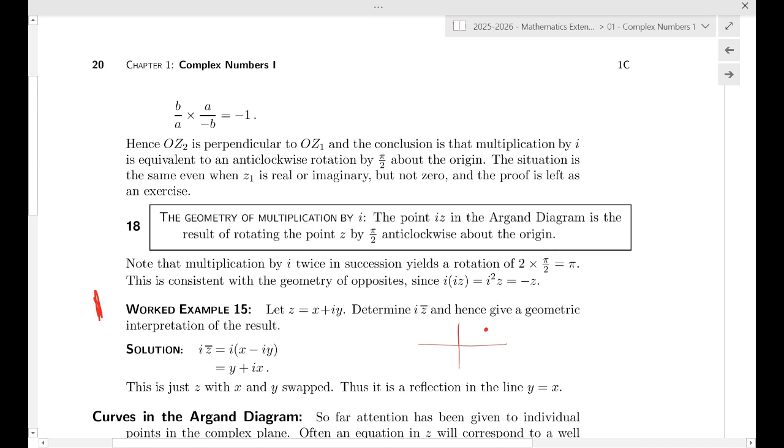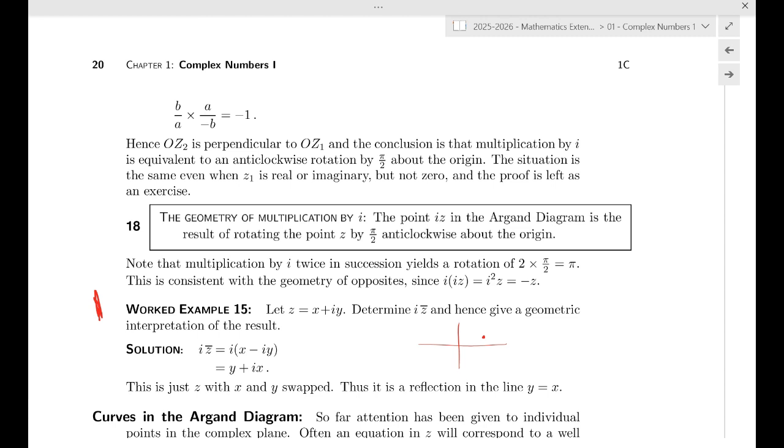What have we done? You look at your result, and I've got Y plus IX. So all that's happened is my real and my imaginary have changed. So I'm actually going to put it down there so I can see where the real and the imaginary are. So my real is there, my imaginary is over there.